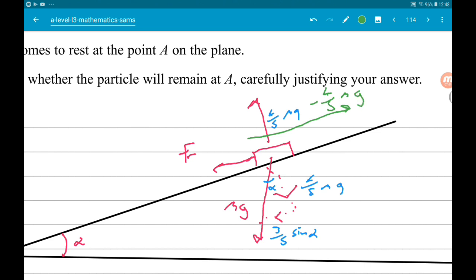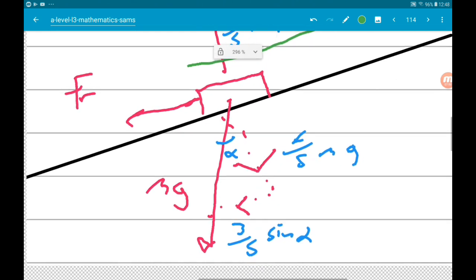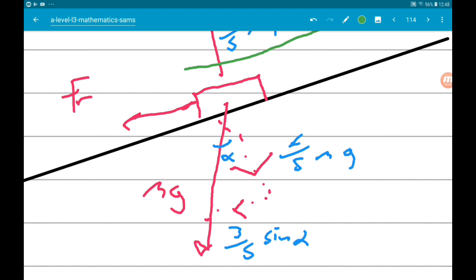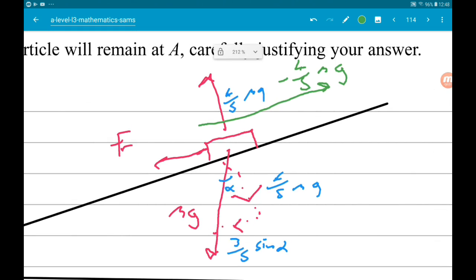Okay, so then if we sum all of the forces acting on the particle, if we take up the slope as being positive, then we have minus friction minus the parallel force, so minus 3/5 mg. We know that is equal to minus 4/5 mg.